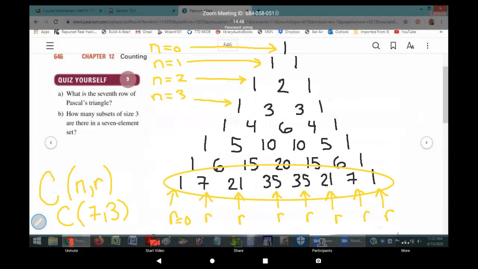So 0th entry, 1st entry, 2nd entry, 3rd entry means that 35 here is our answer. The N equals 7th row, R equals 3rd entry.